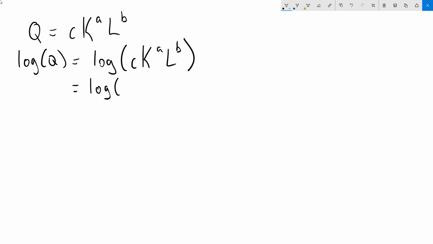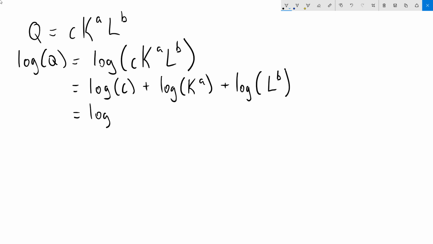We take log of c plus log of K^a plus log of L^b. We'll use our other log rule, and remember that when we have an exponent inside of a log, we can take that out. So we're going to get log of c plus a log of K plus b log of L.